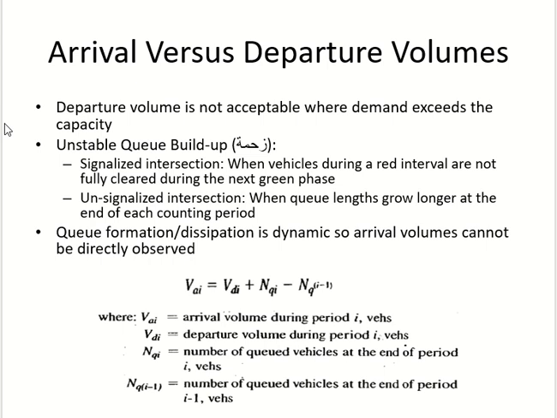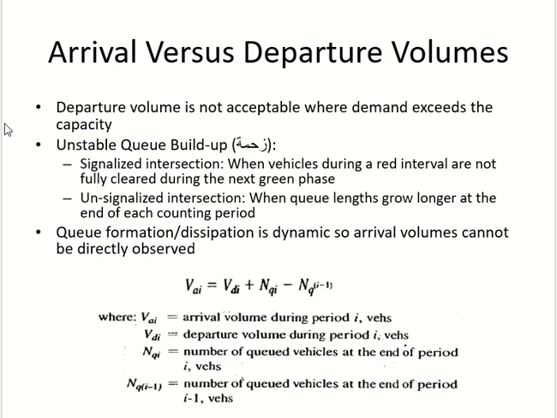They call it the queue build-up case, meaning the queue is increasing. Simple. So what are the indications of queue build-up? If you have a signal, and vehicles do not find the chance to clear the intersection in one green.